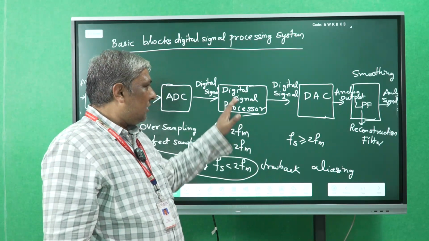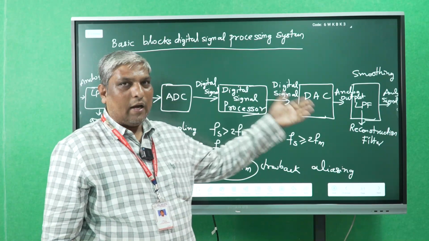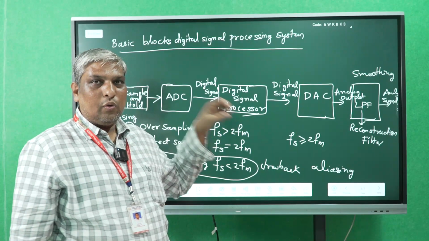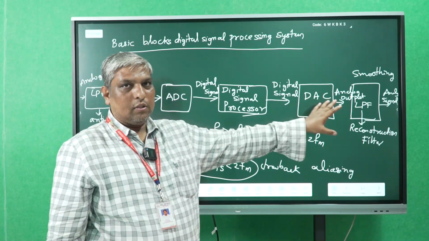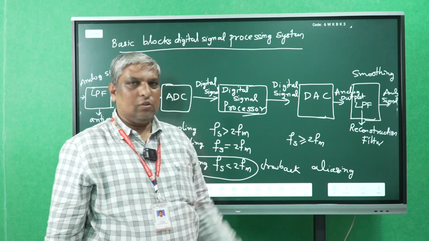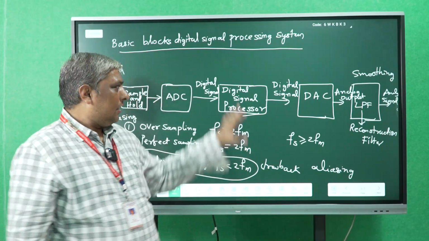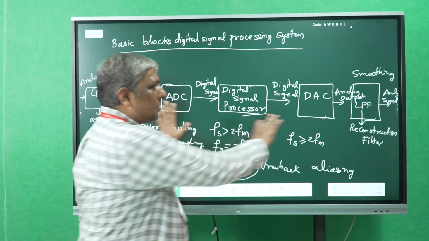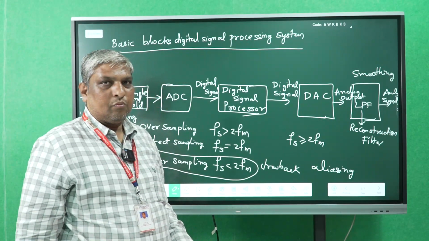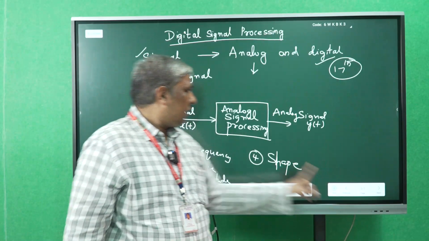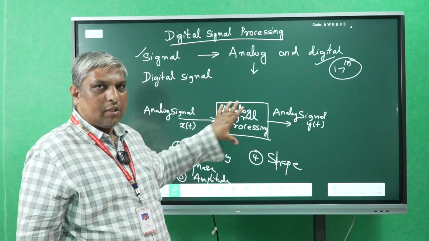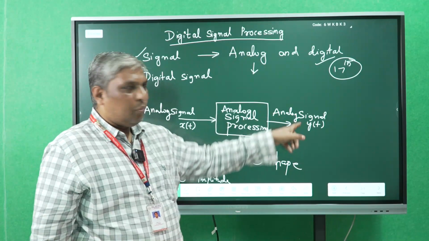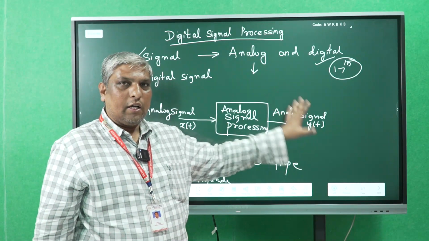So extra blocks are added to the digital signal processor to get the output in the proper way. For this purpose, the digital signal processor has a drawback: its complexity will be more. In the case of an analog signal processor, a simple analog signal processor takes the analog signal as input directly, and the output is directly an analog signal.